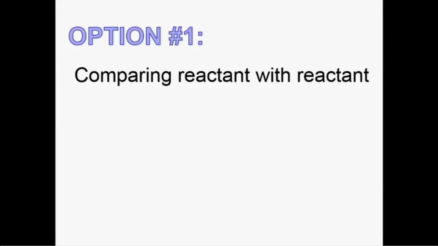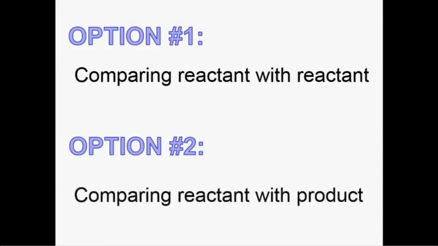Another option we can use to determine which reactant is the limiting reactant is the second option, where we compare reactant with product. Even though there are two options, you can use either one of them.